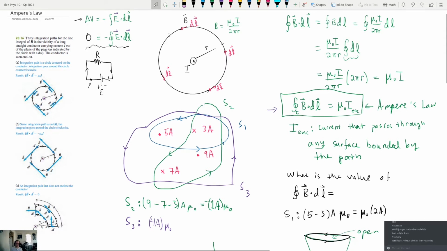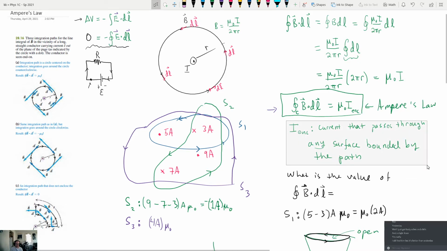Think about it like a trampoline. If I'm standing on a trampoline, the trampoline will depress, and it will change the shape of that disk. But the trampoline is still bounded by the ring that holds it, which is the path. Okay, so that's going to be relevant.